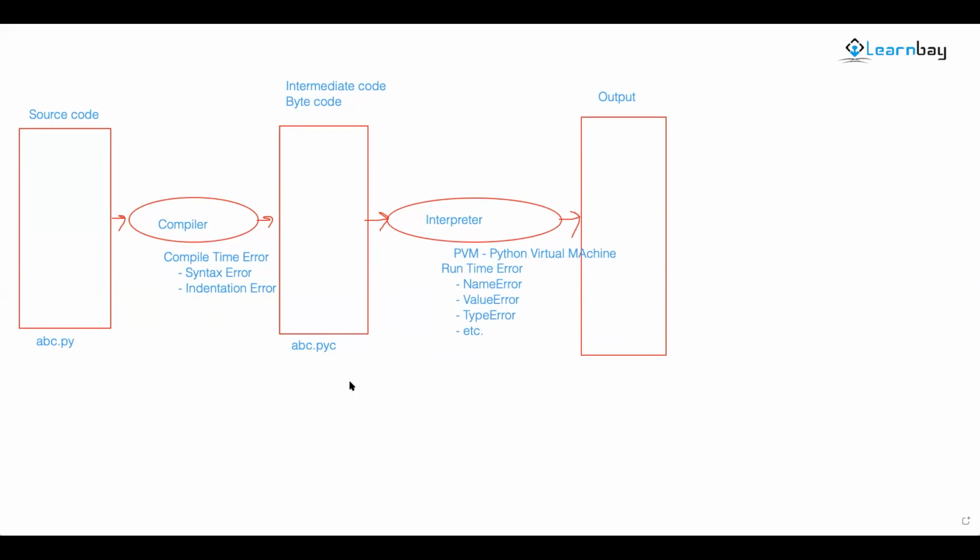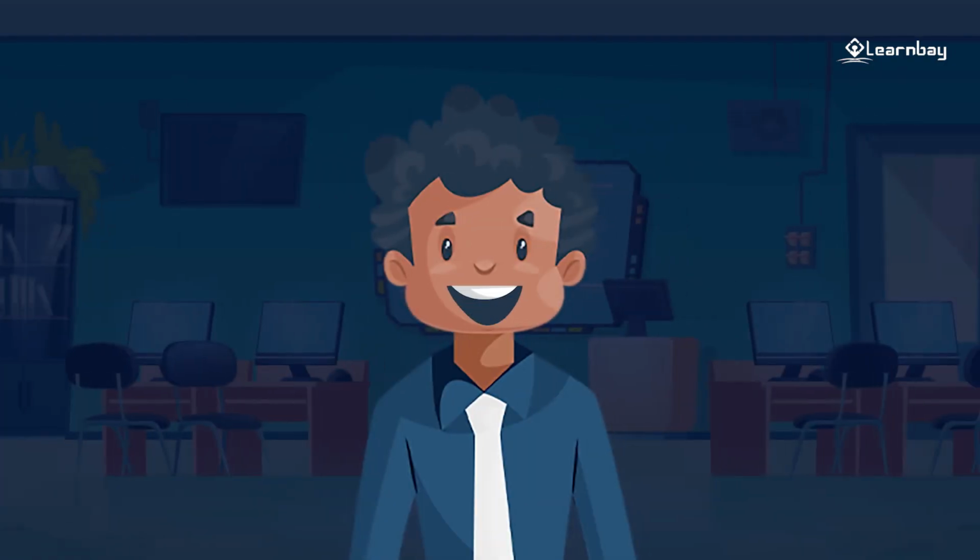So can't we use only either compiler or interpreter? Yes, we can do that. We can just have compiler, like in C, we have the compiler which creates the executable code. That executable code will be equivalent to machine code, which can directly interact with your hardware and gives you the output. But if you had to compare C and Python, how would you compare them?